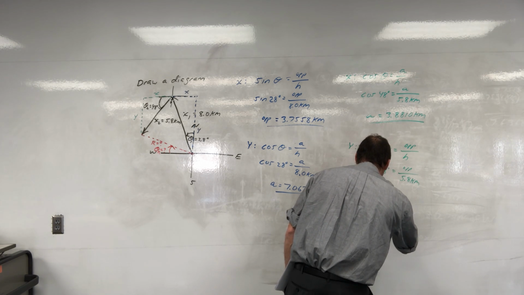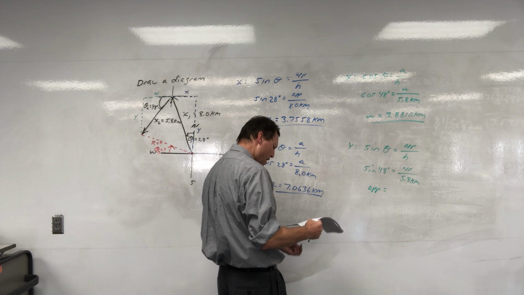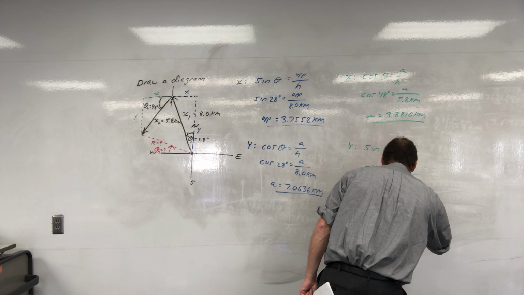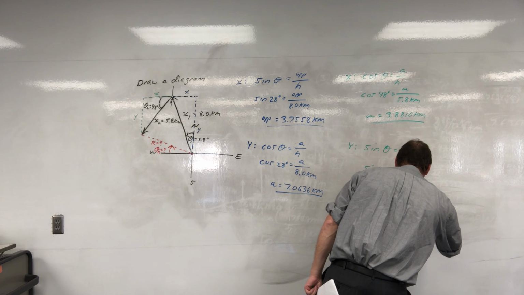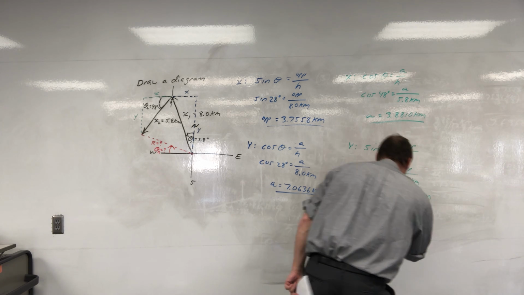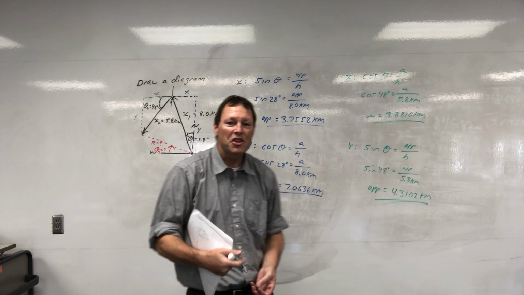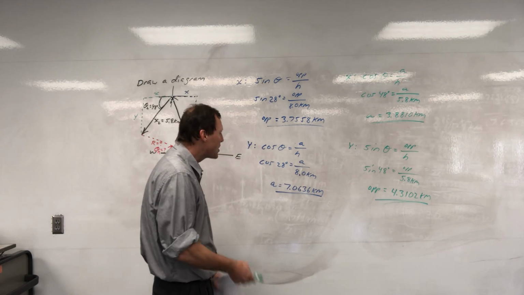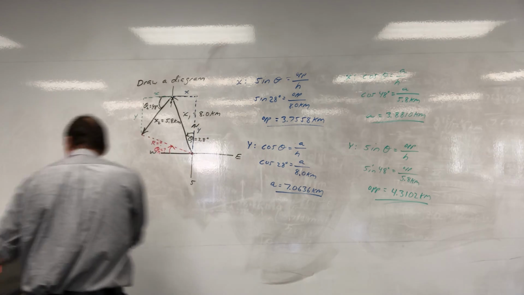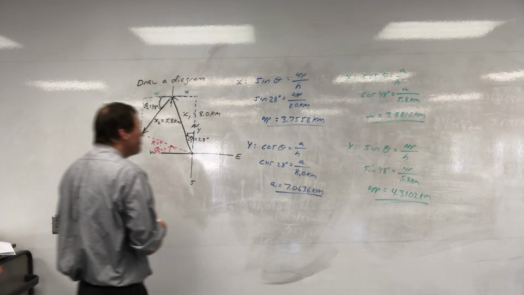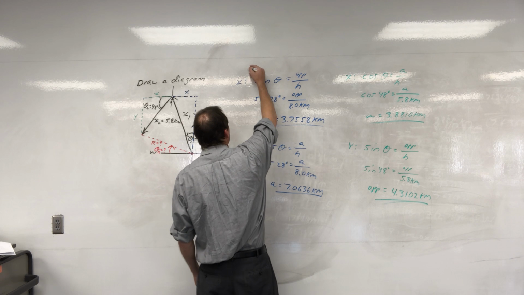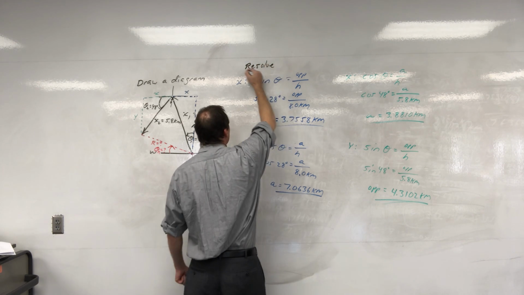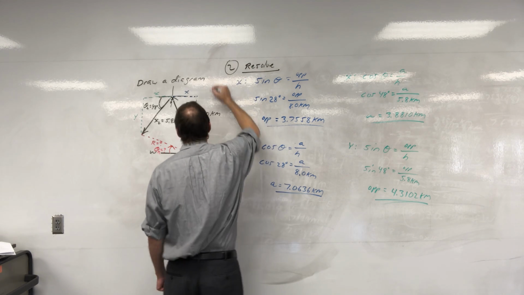And that opposite side is going to end up being 4.3102 kilometers. So now I have successfully resolved both vectors into their x and y components. So that's going to be step 2.